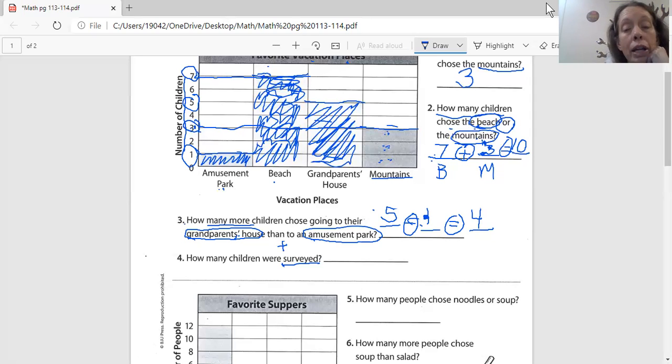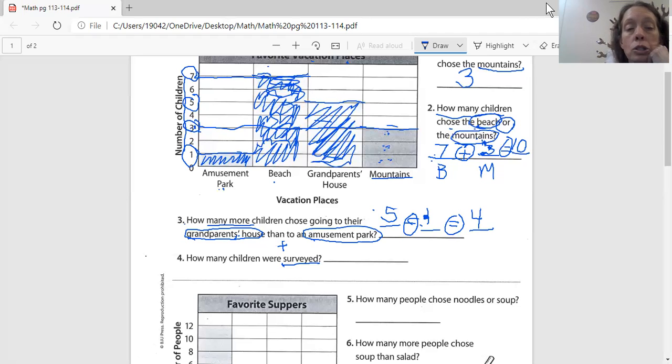What I'm going to do next is we need to find out how many people chose this and how many people chose this and how many people chose that to give us how many people altogether. So we're going to do adding all of these.